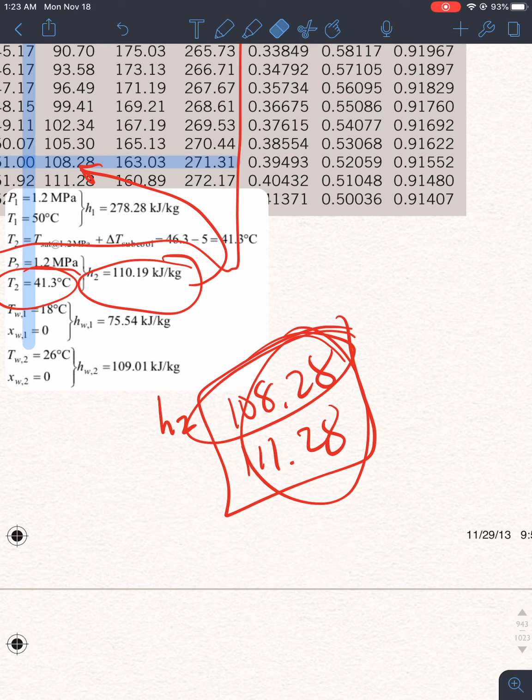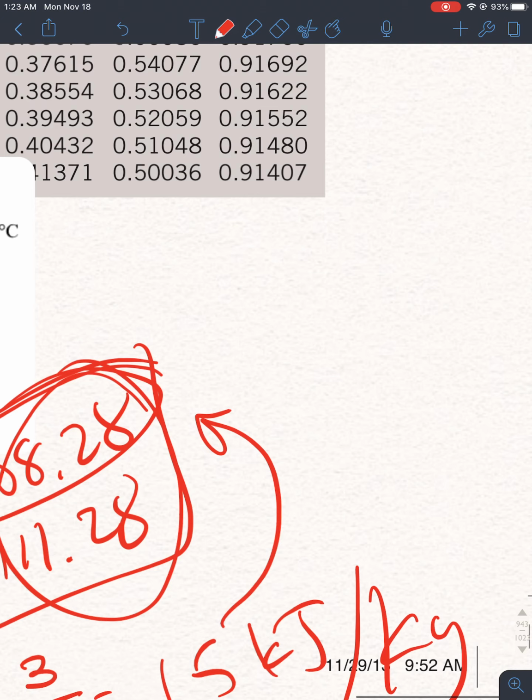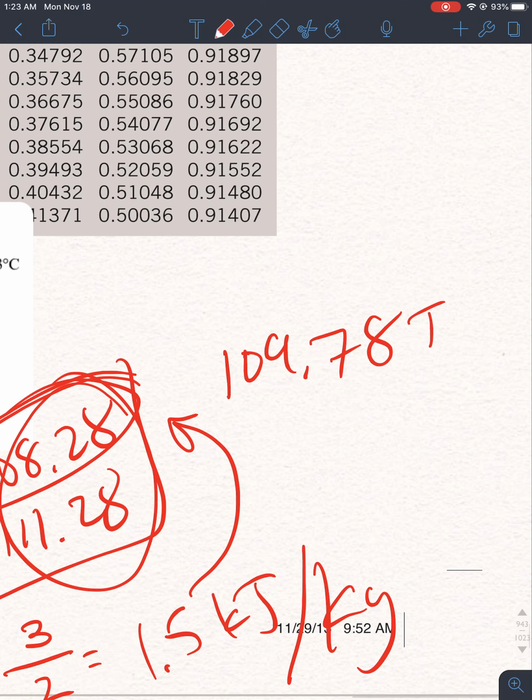Okay, I've almost earned my sleep. Break time. So if it's 3 degrees, 3 divided by 2 equals 1.5 kilojoules per kilogram. So add that to that, and the value that you get is 109.78 kilojoules per Kelvin.